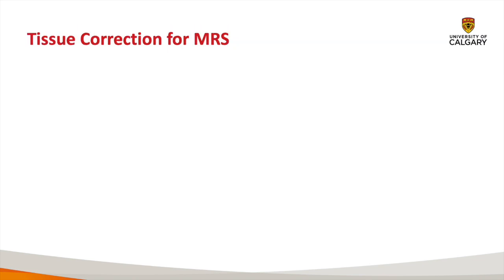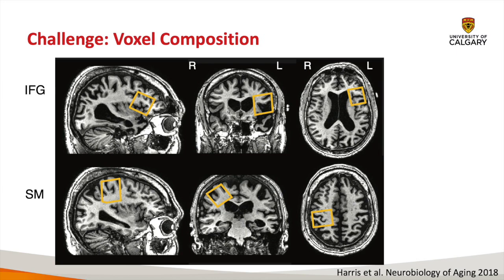So next I'm going to move along into tissue correction. So, tissue correction, and why do we care about it? Well, I'm using the study of a clinical population to really emphasize the impact of changing tissue. This study was of primary progressive aphasia, which is a form of dementia that shows neurodegeneration in the language centers.